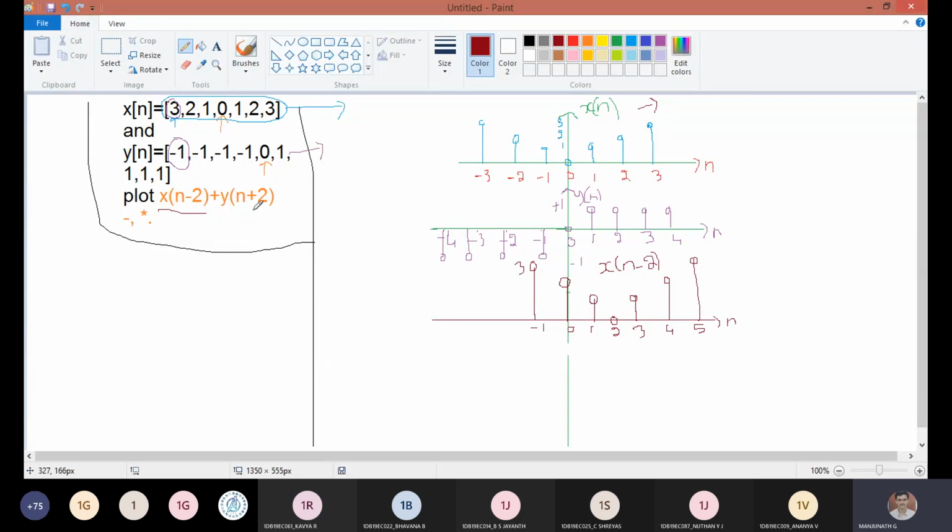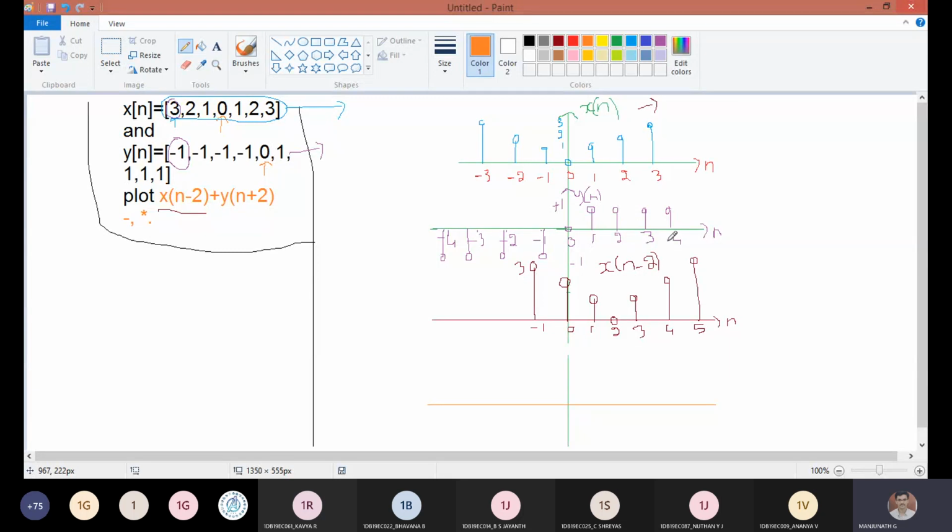So next what you want? y of n plus 2. So y of n is here. I want n plus 2. n plus 2 means which type of delay? Advancing. Good. So now what should happen? I should push this 2 times.